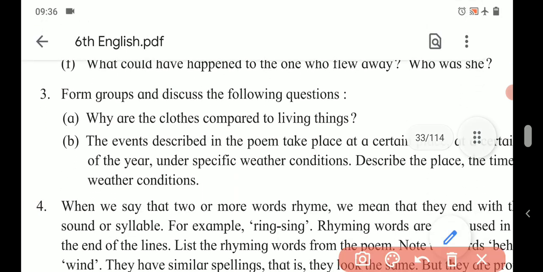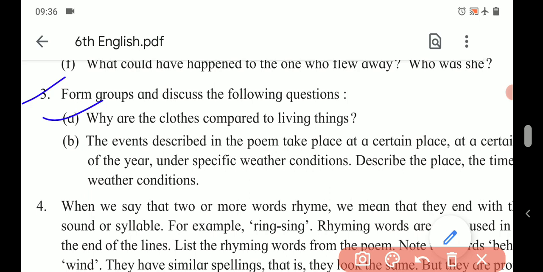Next, third one, form groups and discuss the following questions. First one, why are the clothes compared to living things? What do you think? Why are they compared? Because they are making many movements like human beings or other living beings, right?